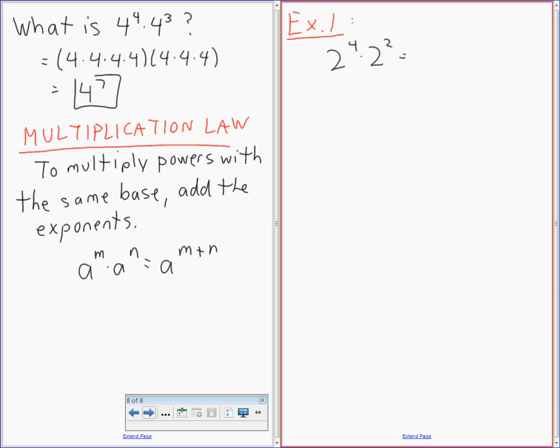Now, in this class, when I see this on your first quiz or test or mini test, I don't want somebody to say, well, that's equal to 2,467. Okay, I want you to leave it in exponential form. Okay, so, Jasmine, you can be brave, please. 2 to the 4 times 2 to the 6, what do we do for that? Good, so it's going to be what? 2 to the power 6. Okay, wonderful.